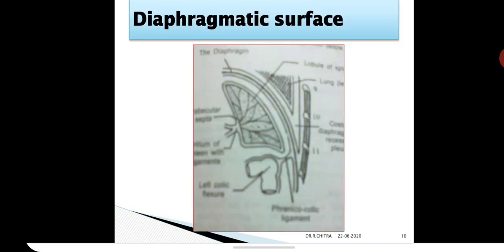In this picture, the spleen is related first to the diaphragm, then to the lower border of the left lung and left pleural sac in the upper one third, and the costodiaphragmatic recess of the left pleural sac in the lower two thirds. Outside that are the 9th, 10th, 11th ribs on the left side and their intercostal spaces.